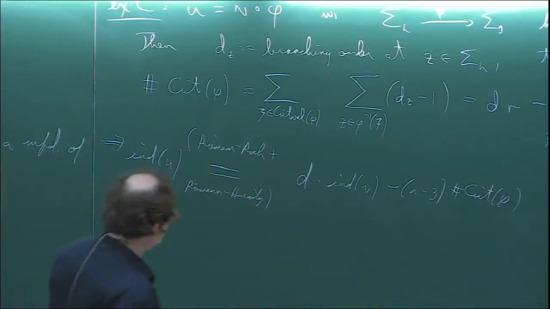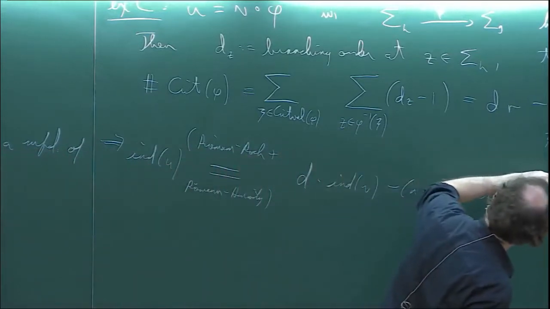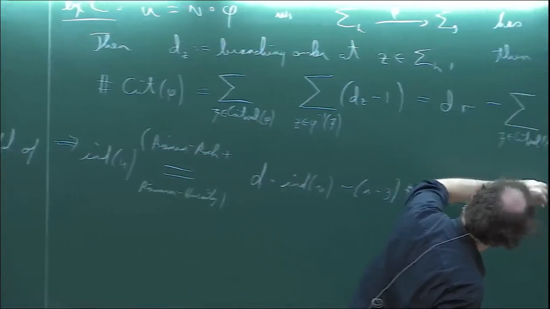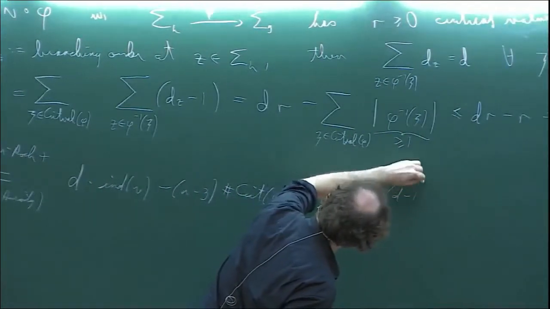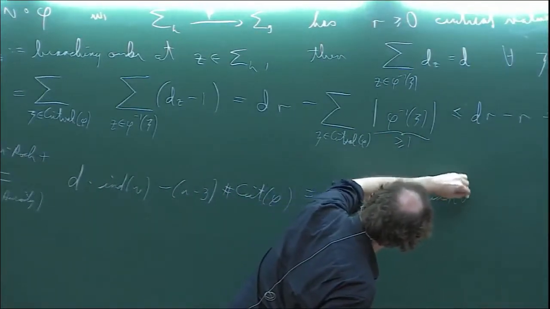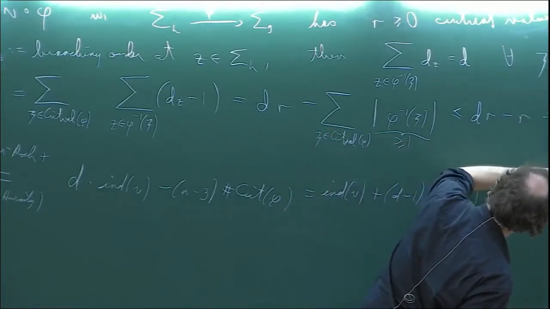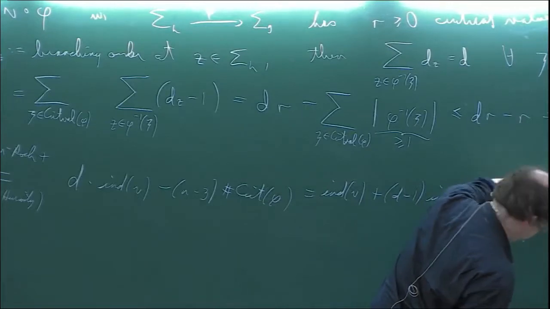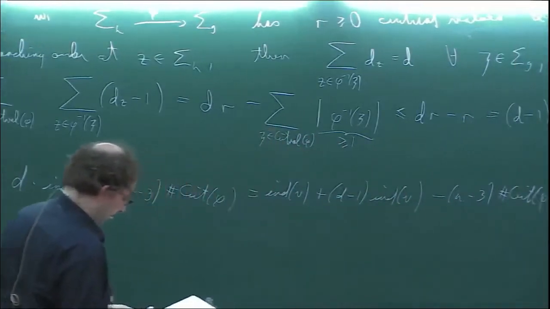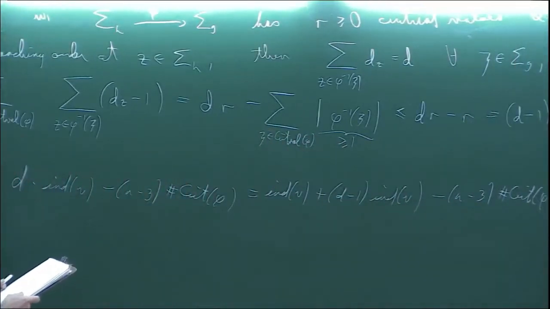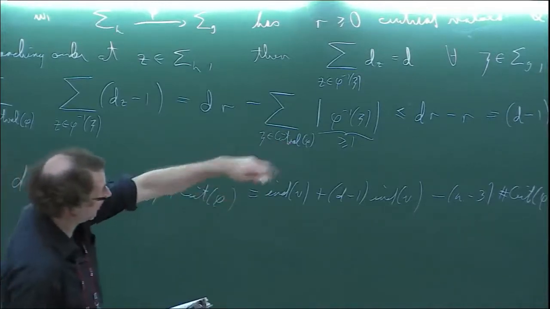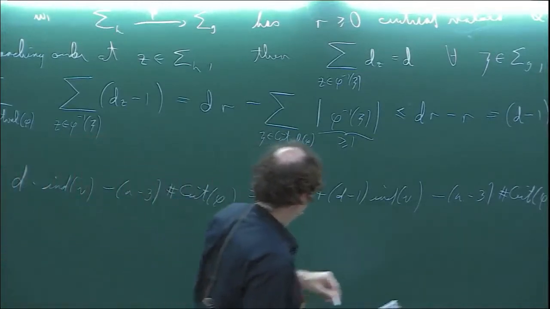And so let's rewrite that a little bit. Let's put index v out in front, add to that d minus 1 times the index of v, and now I can say, by assumption, the index of v is at least n minus 1 times r.